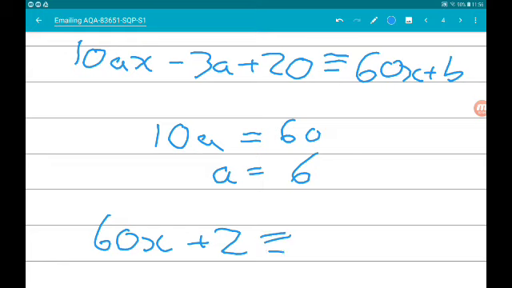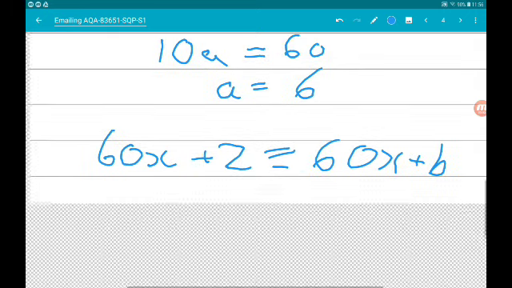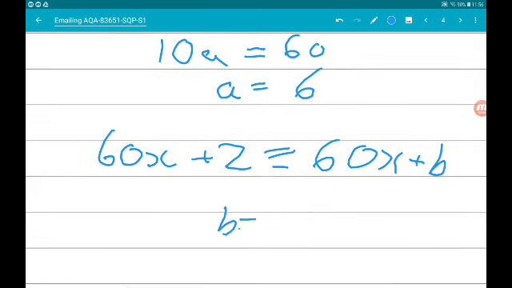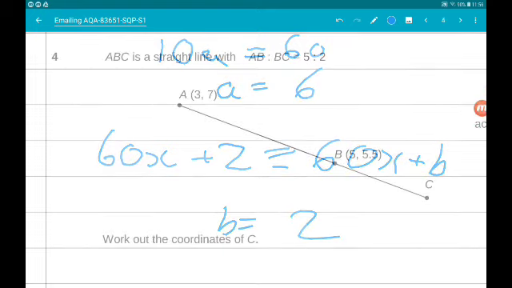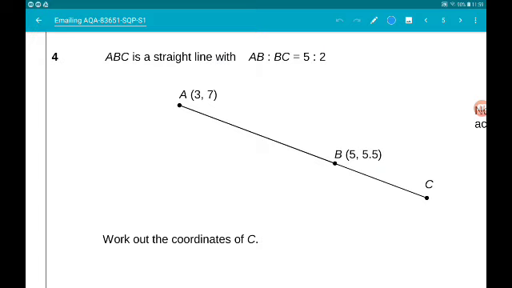And that is identical to 60x add b. So b has to be 2. Cool.